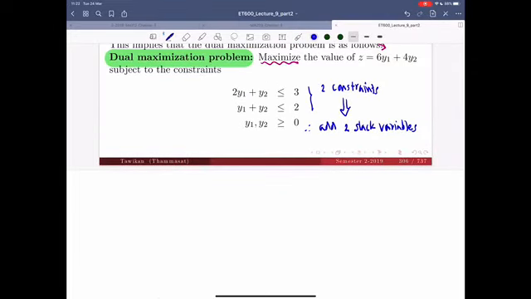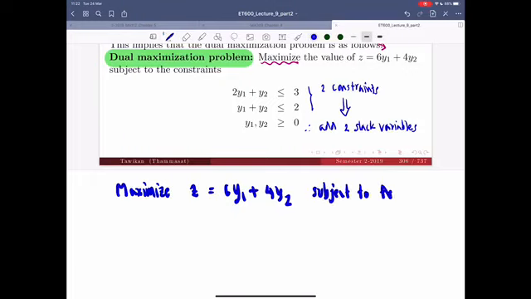So we want to maximize z equals 6y1 plus 4y2, subject to the constraints.